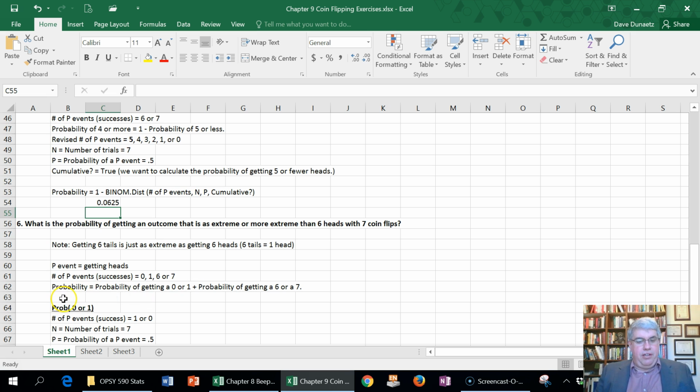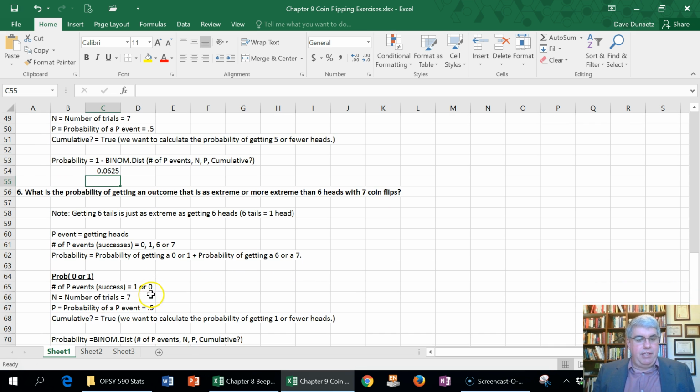So we could say that the probability of getting something just as extreme or more extreme than 6 heads would be the probability of getting a 0 or 1 plus the probability of getting a 6 or a 7. So adding those 2 tails together.